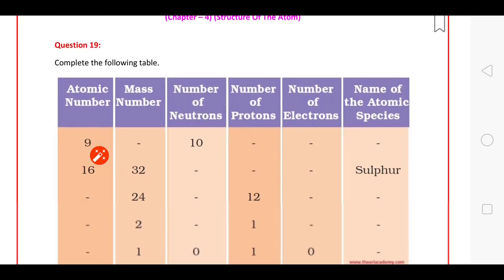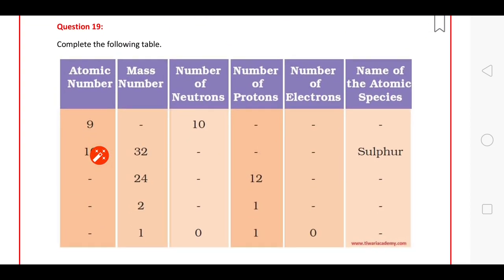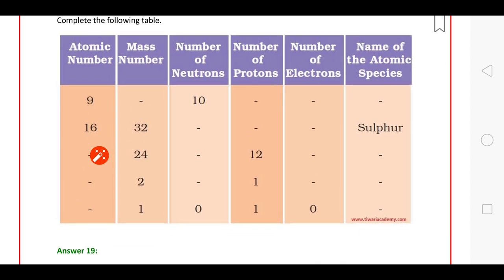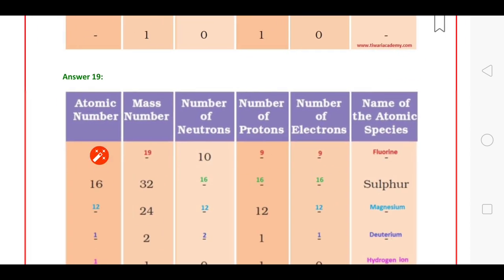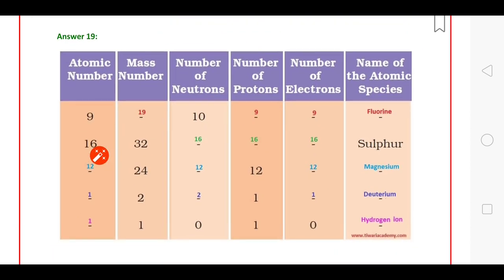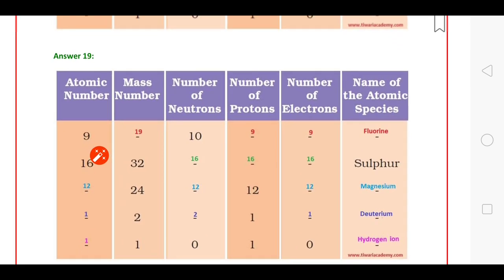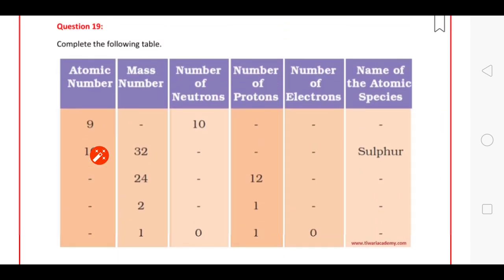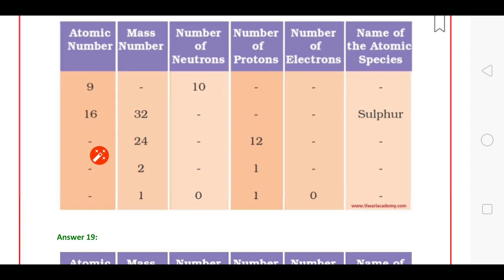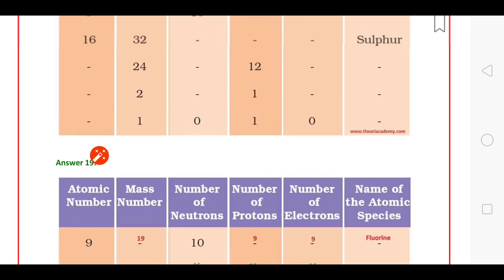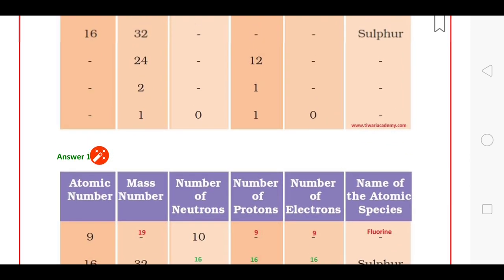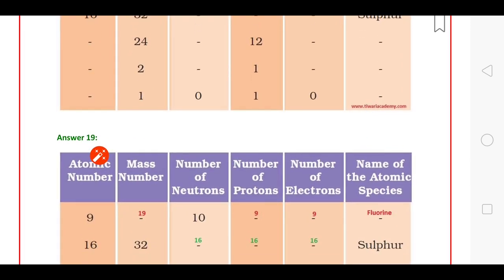Let's move on to another question. Complete the following table. You have to complete this: atomic number, mass number, number of neutrons, number of protons, number of electrons, and name of the atomic species. So in the first column, atomic number 9, mass number 19, number of neutrons 10. So when atomic number is 9, that means number of electrons will also be 9 and number of protons will also be 9.